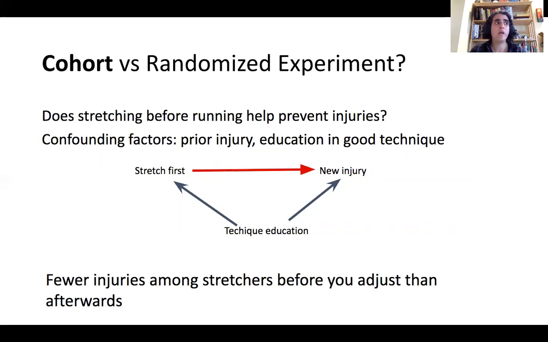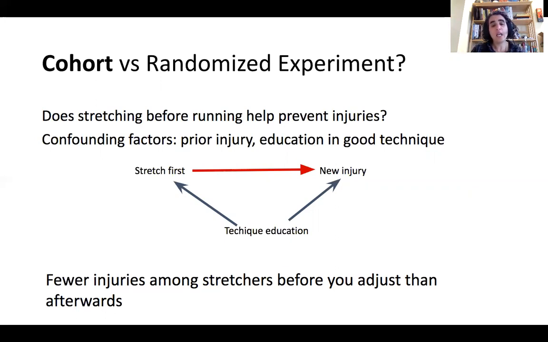Another one might be people who have had a lot of education in running technique, maybe good coaching, or maybe they've read a lot or something like that. And those people who've had a lot of education in running technique might well have been told to stretch and might be more likely to stretch first. And also a good technique probably goes with a lower rate of injury.